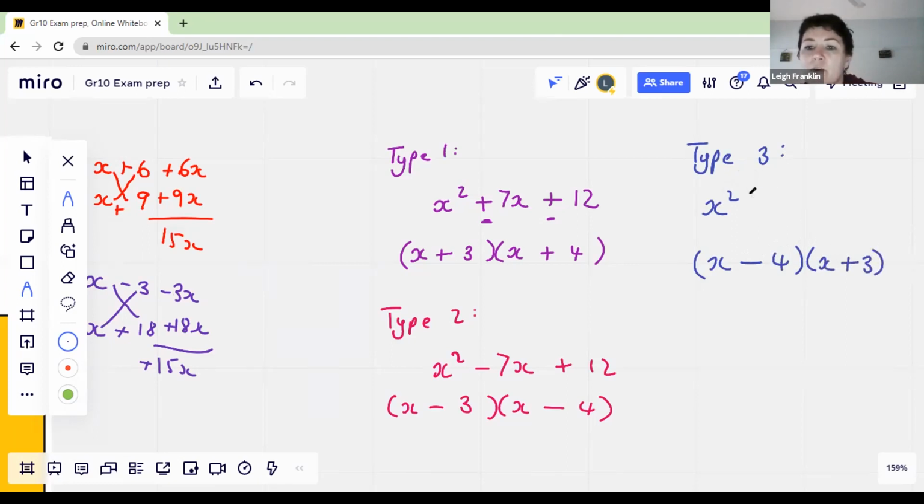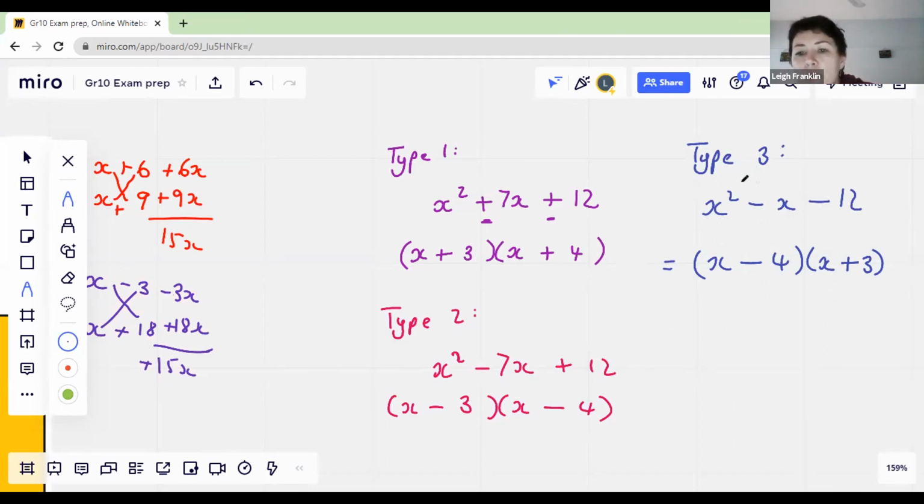That would have given me x squared minus x minus 12. Let's say I've got one like that. So now the middle term is negative and the last term is negative. So here, one bracket has to be plus and the other bracket has to be minus.